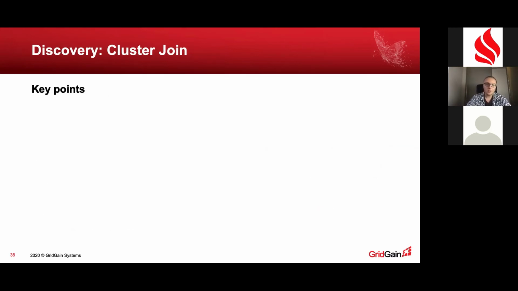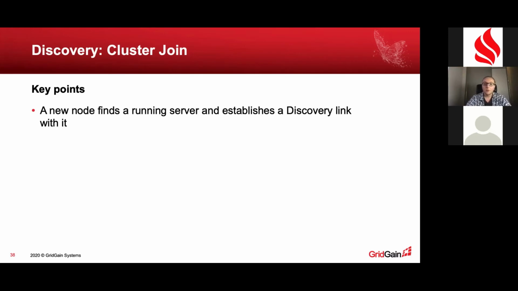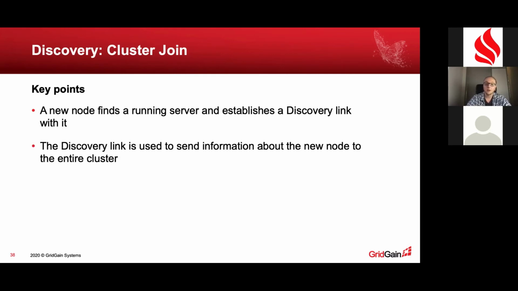Key points about this process are: first, a new node needs to find a running server and start by establishing a discovery link with that server, so that it is now connected via discovery with the entire cluster.